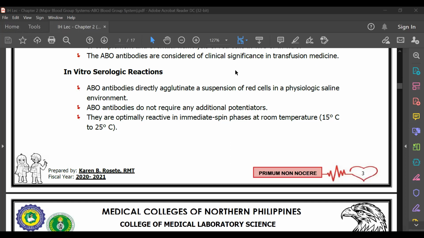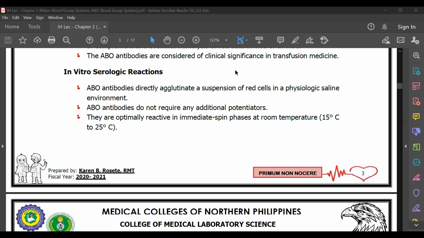Your ABO antibodies, specifically those anti-A and anti-B antibodies. Thank you, Ria. So, sabi natin, ABO antibodies are predominantly of the IgM class, specifically those anti-A and anti-B antibodies produced by A and B individuals. Dahil IgM siya, they are pentameric, so they are large enough to span the distance between red cells caused by the repulsive force or the zeta potential.